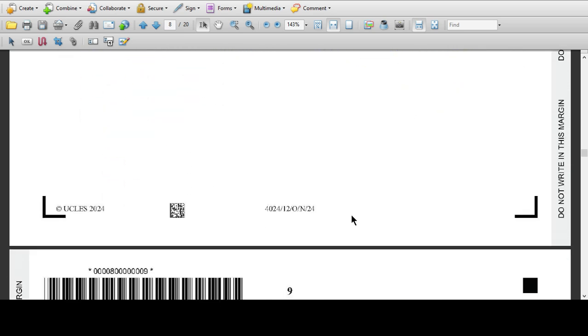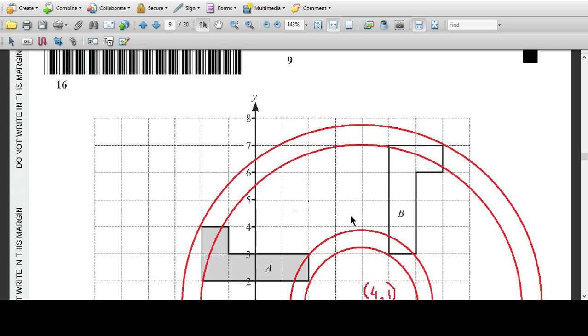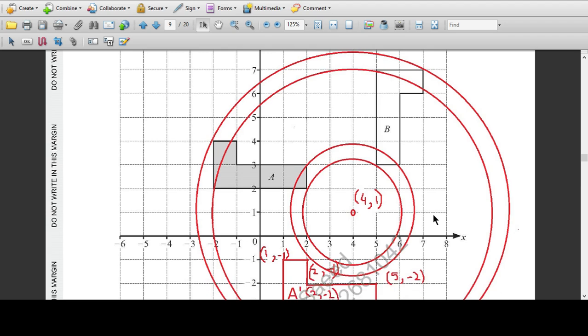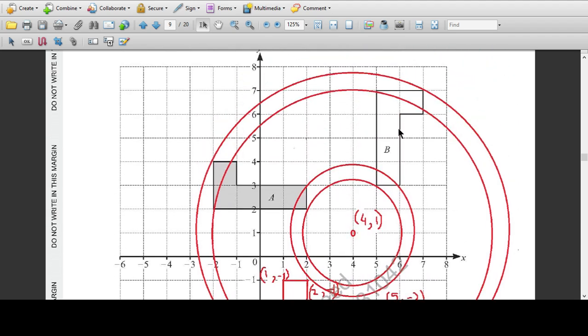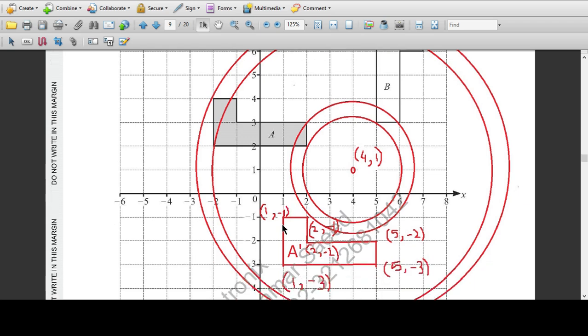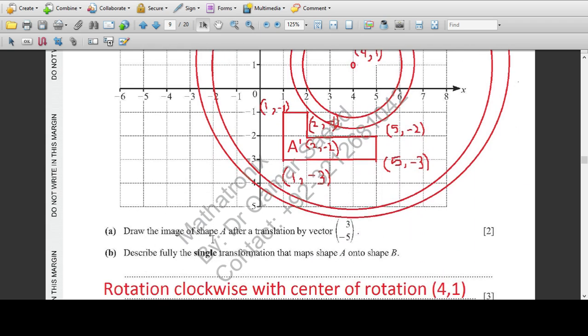Now question number 16. This is the most difficult one. Here we have 2 shapes, A and B, given. We have to draw the image of shape A after a translation by the vector (3, minus 5), 3 on the x-axis and minus 5 on the y-axis.